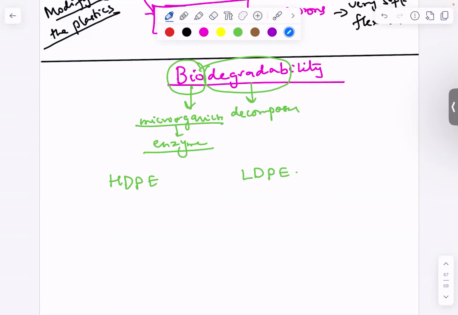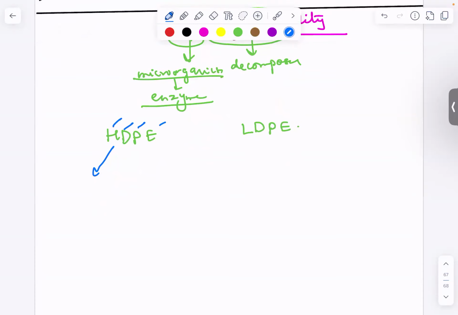So, what does it mean? That HDPE stands for high density polyethylene. It is going to be made at a high temperature and high pressure, and by using a catalyst which is called Ziegler-Natta catalyst, right? So we use these catalysts to make this high density polyethylene polymer.